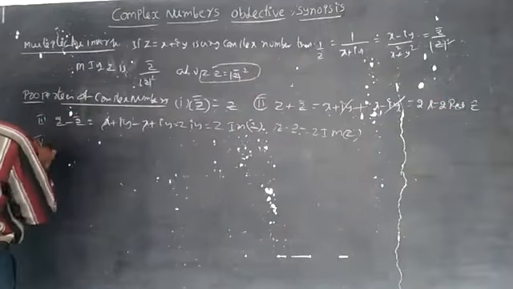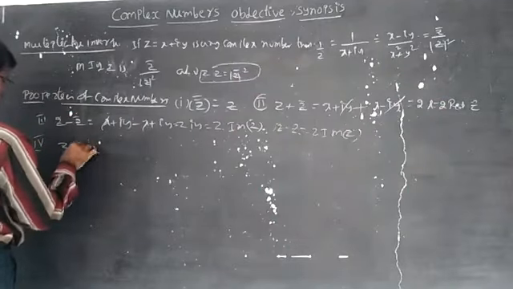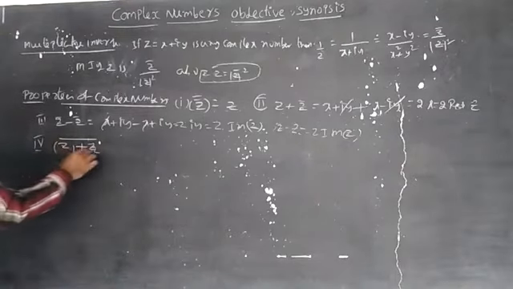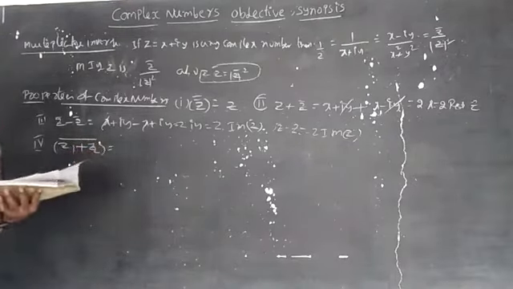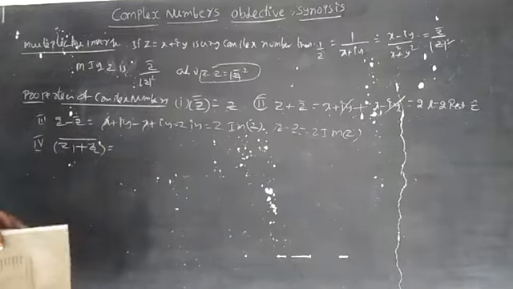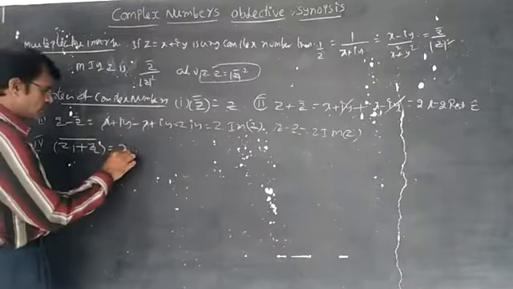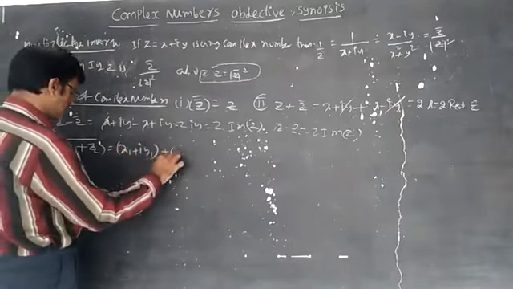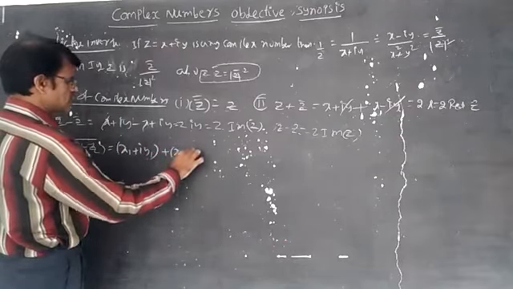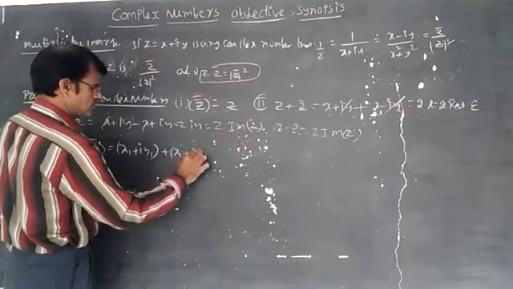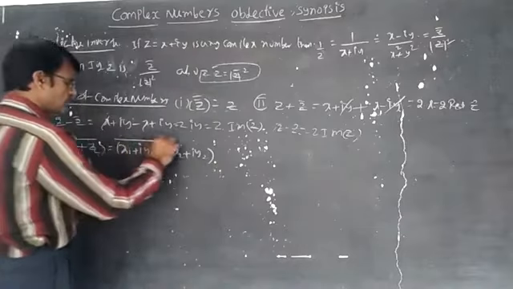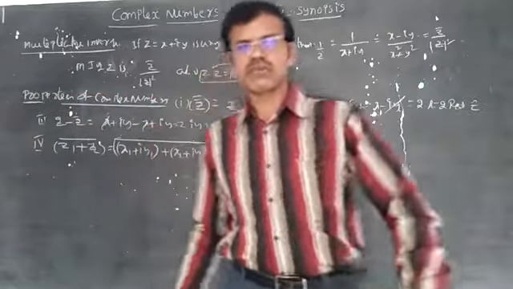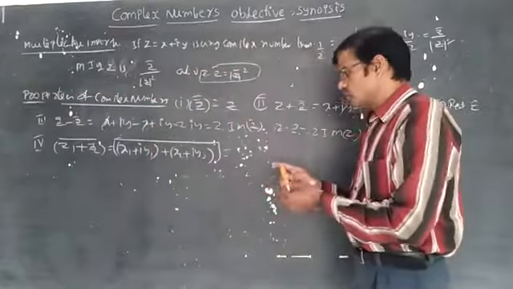Next, fourth one, write the property z1 plus z2 whole bar. What is z1 plus z2? Write it like this: x1 plus iy1 plus x2 plus iy2, whole bar you put. Bar means conjugate. So x1 plus iy1 plus x2 plus iy2.